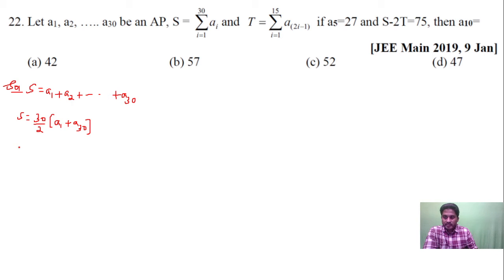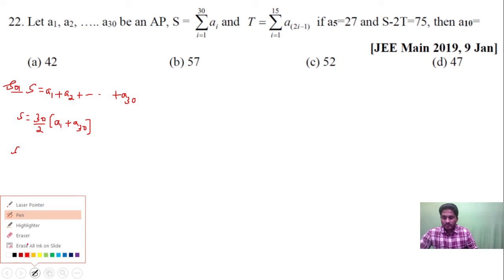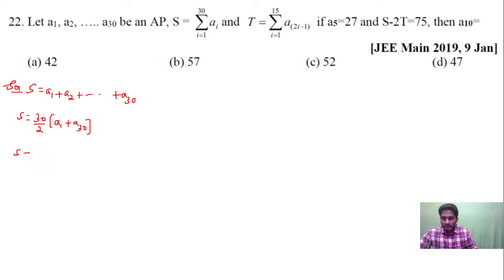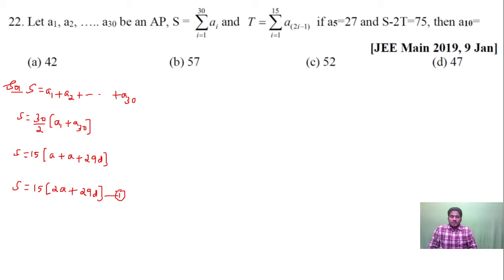So here I get S is equal to 15 into, a30 will be equal to a plus 29d. Now S is equal to 15 into 2a plus 29d. Let's call this equation 1.